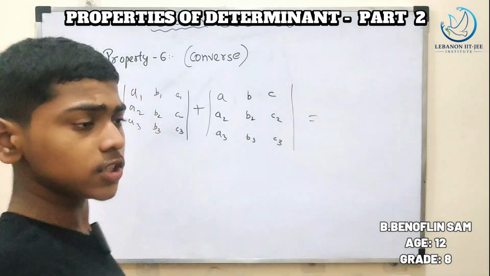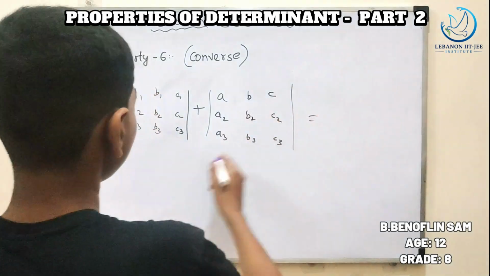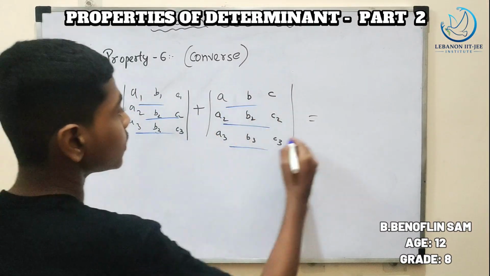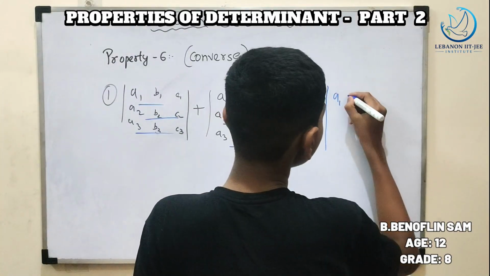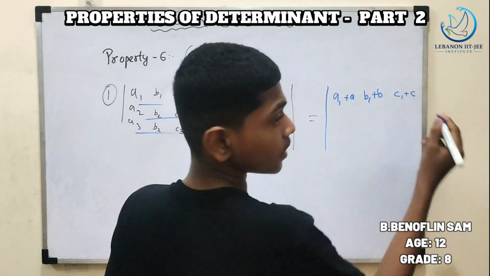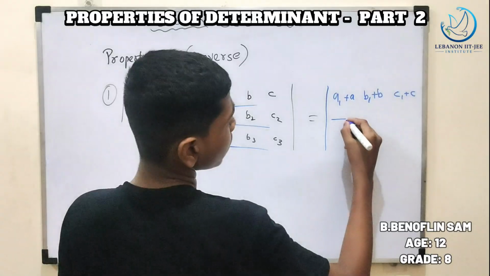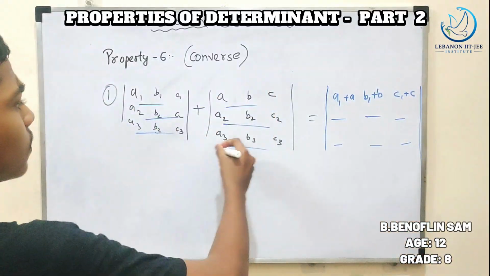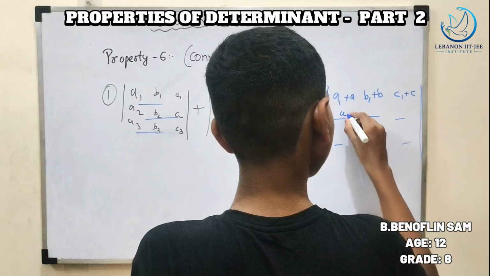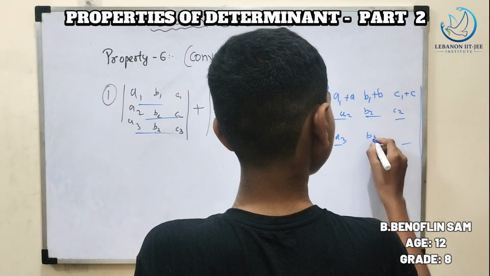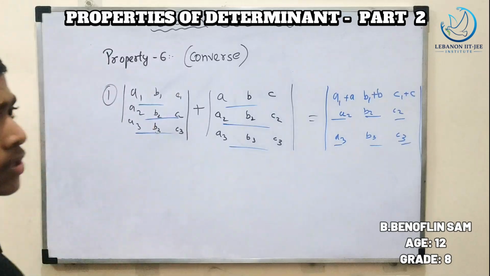If they ask to find the determinant, you do this. This is the same and this is different. So you write a1 plus a, b1 plus b, and c1 plus c, and everything else stays the same: a2, b2, c2, a3, b3, c3. This is how it is used.